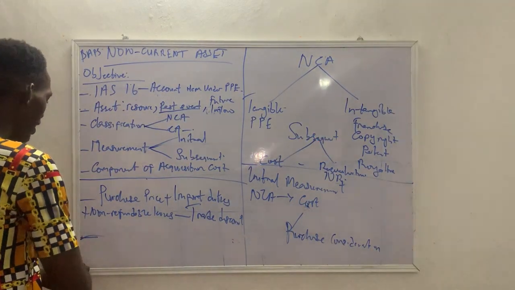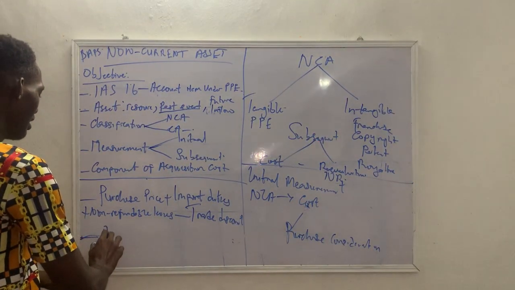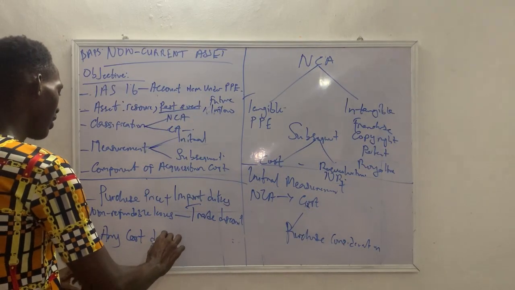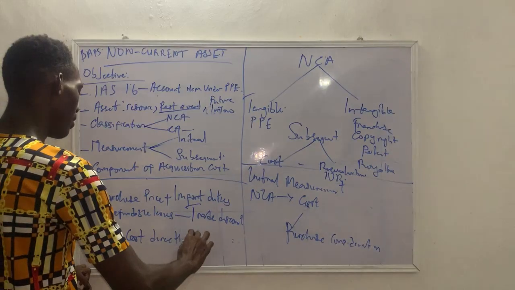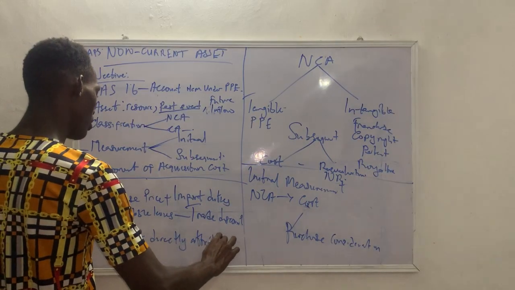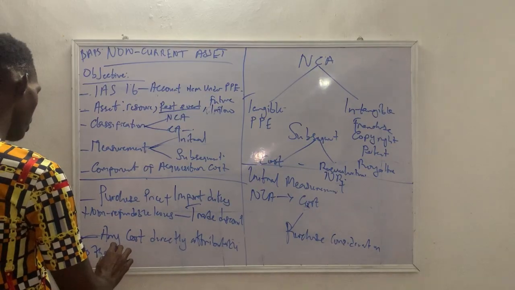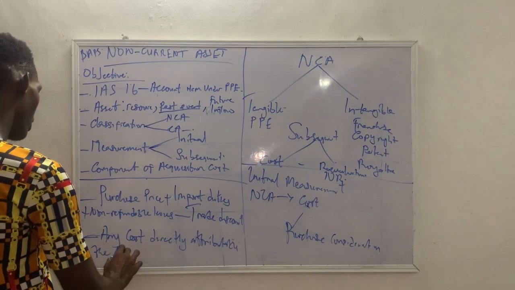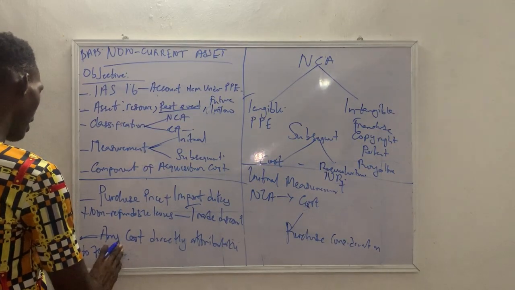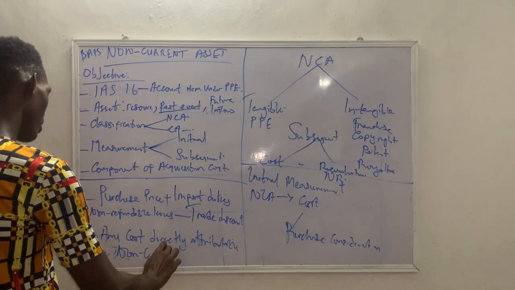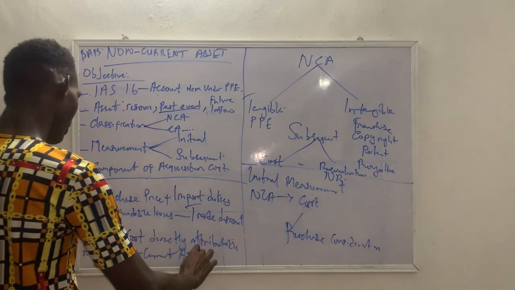You will get to understand what trade discount is. Then any cost directly attributable to the what? Cost that is directly attributable to the non-current asset.